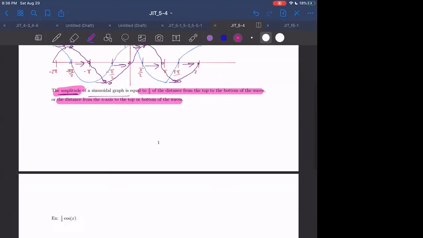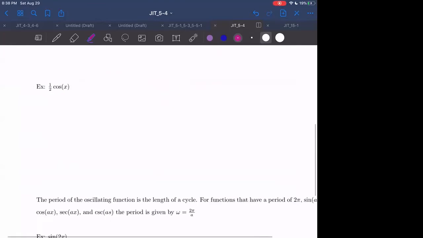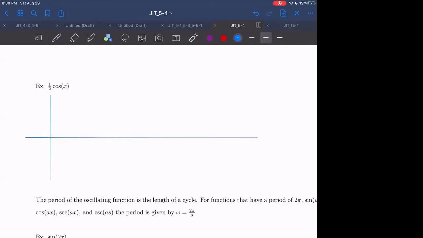Okay, so if we do an example, let's say I want to graph 1/2 cosine. I'm just going to graph it from 0 to 2 pi. That way I can make it bigger and it's a little easier to see.